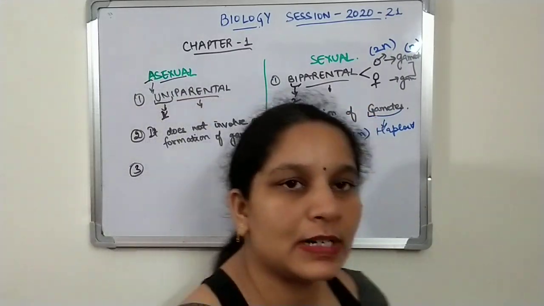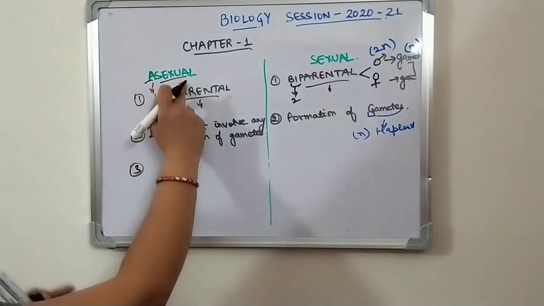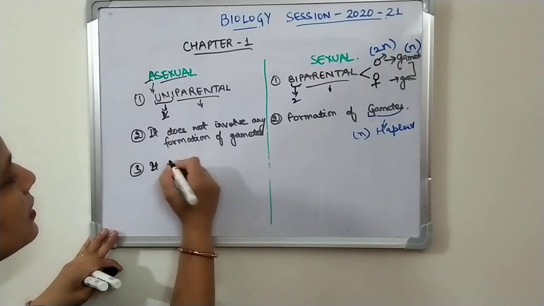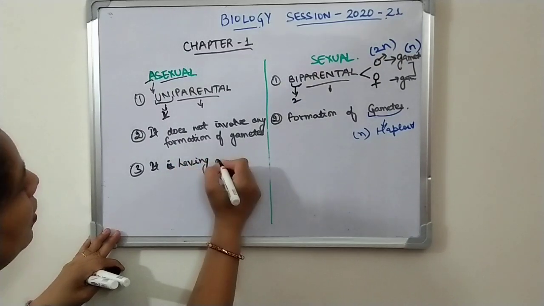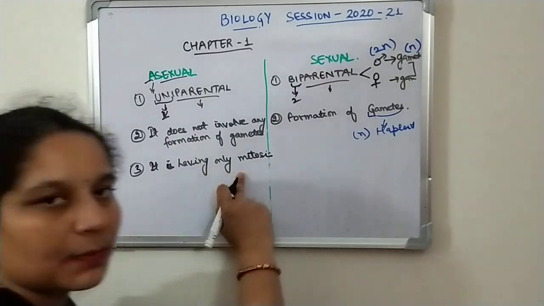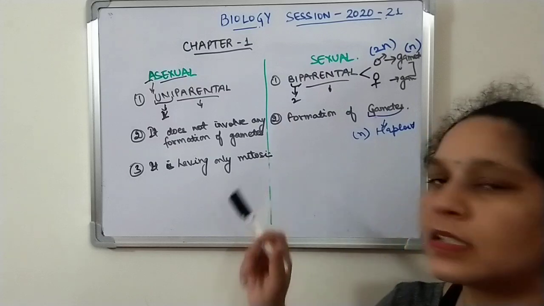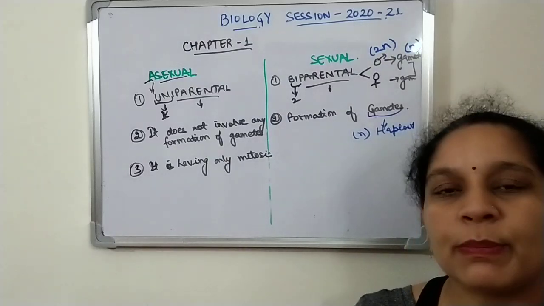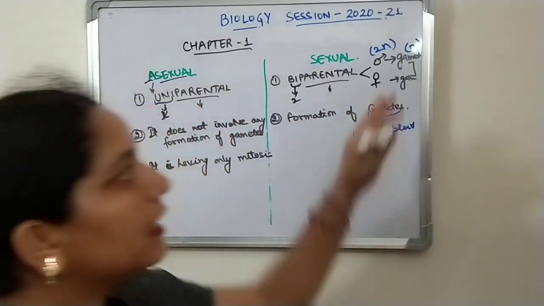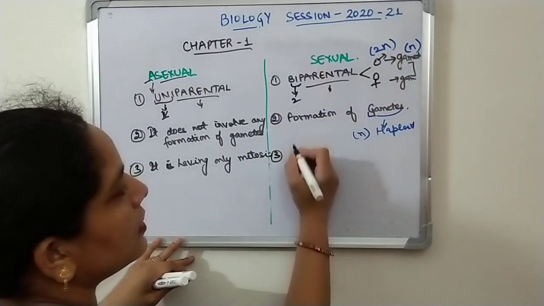The formation of gametes involves a special cell division mechanism known as meiosis. This means that as there is no formation of gametes in asexual reproduction, it has only mitosis. Here only mitosis type of cell division occurs, and as you have studied earlier in class 11th, mitosis is a type of equational division, in which karyokinesis occurs first, followed by cytokinesis. But here we involve formation of gametes, and the gametes are formed using the process known as meiosis.